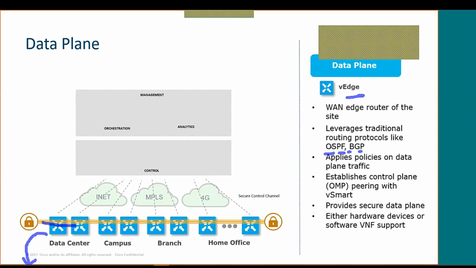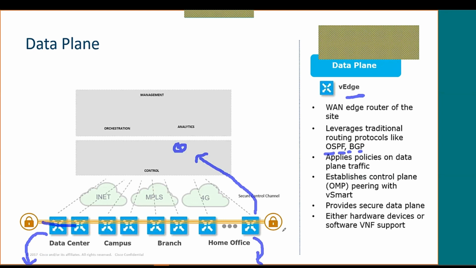So both IGPs and EGPs are utilized to communicate with the LAN site, and towards the fabric, OMP is utilized. So WAN edges with vSmart use OMP routing protocol sessions, and WAN edges to the LAN site use any IGP or even BGP. In physical or virtual form factor, it happens in the same way.